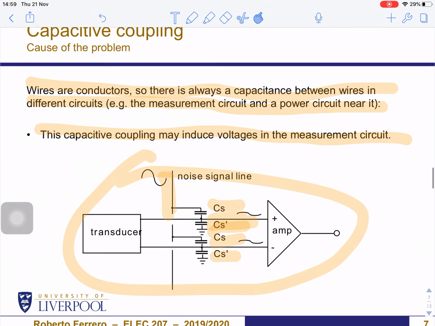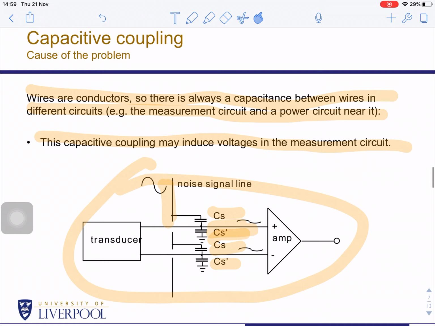And apart from the inductive one, we also have capacitive coupling, where the wires are conductors, so there's always a capacitance between wires in different circuits. This capacitive coupling may induce voltage in the measurement circuits.